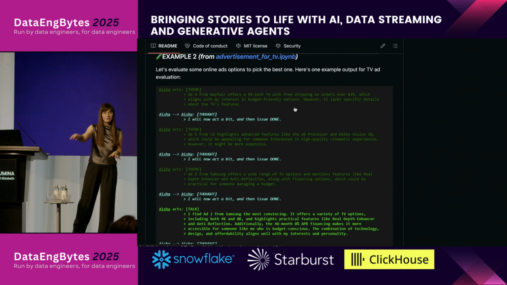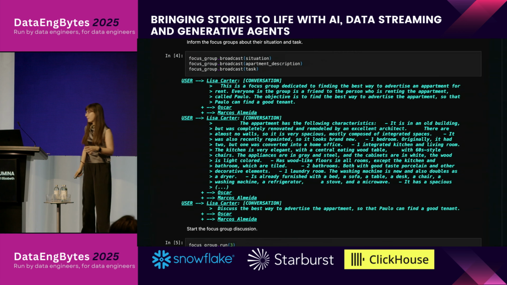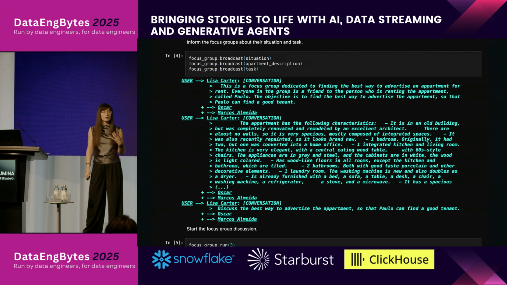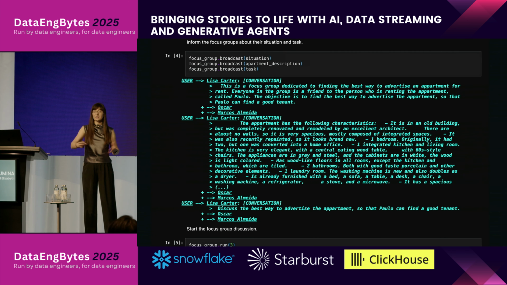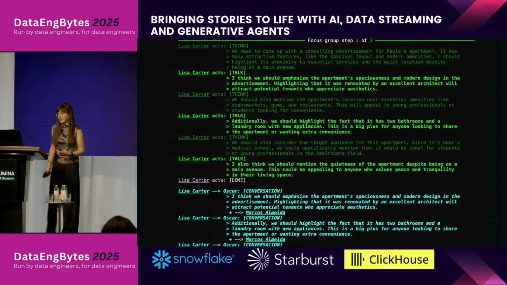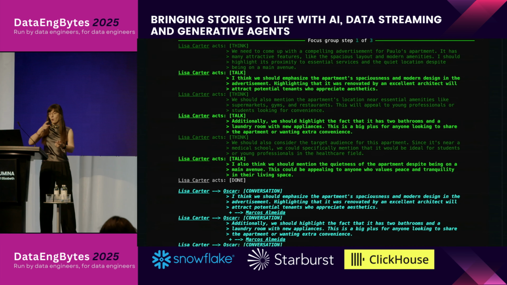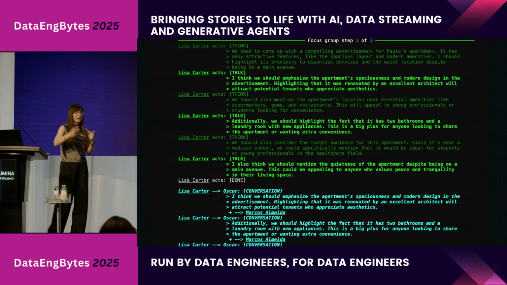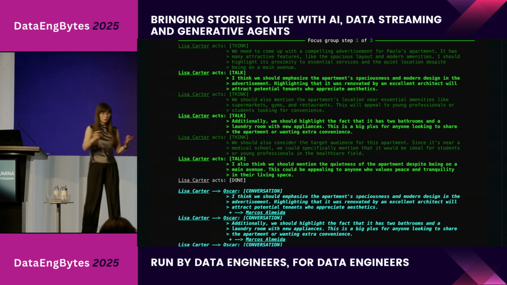Let's say you have 5 agents and you say, could you create an advertisement for something? And those agents then talk to each other. They also think, and together they brainstorm the best solution.